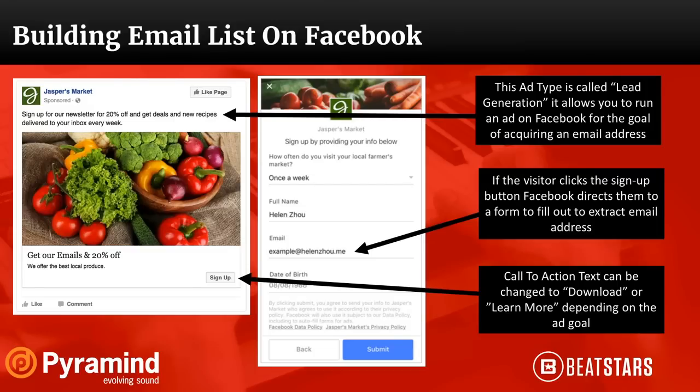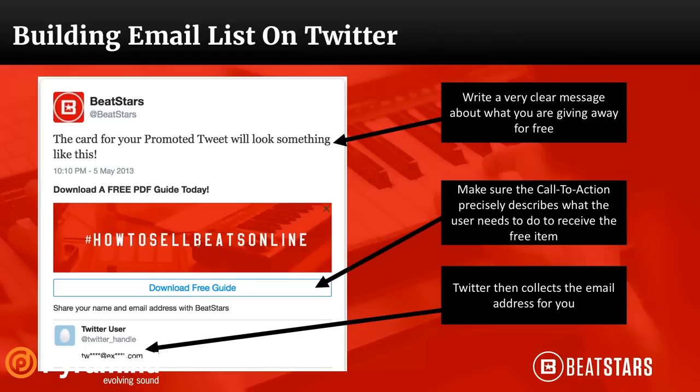Same thing for Twitter. If you create an ad on Twitter giving away a free beat in exchange for an email, Twitter will automatically pass through and collect those email addresses for you. That's called lead generation ads. So if you want to try that out at some point, it could work.